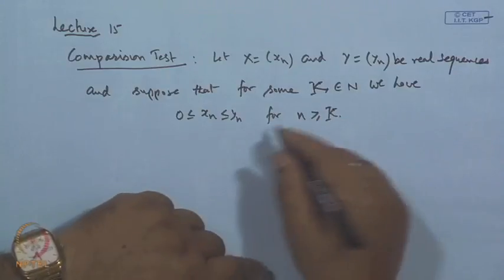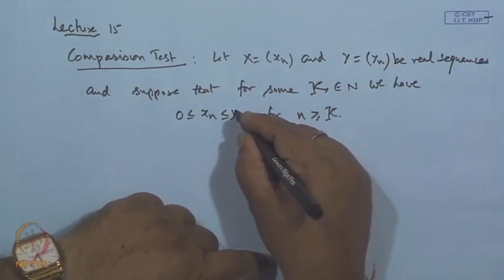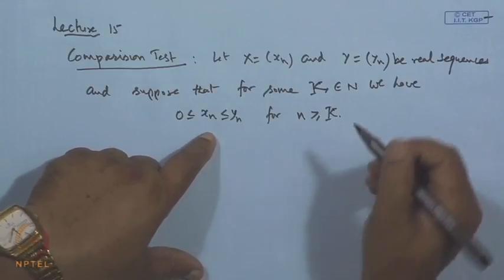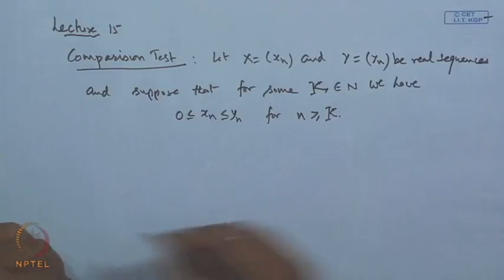It may be true for all n's also. If not possible, then at least after a certain stage, this inequality holds.